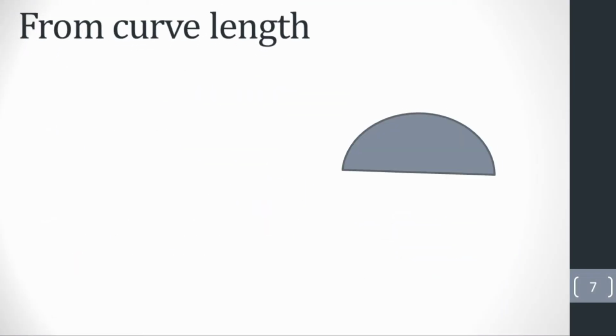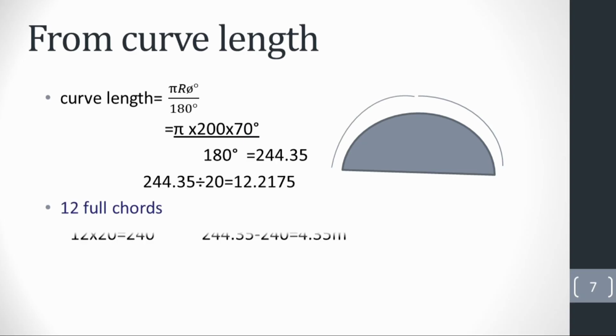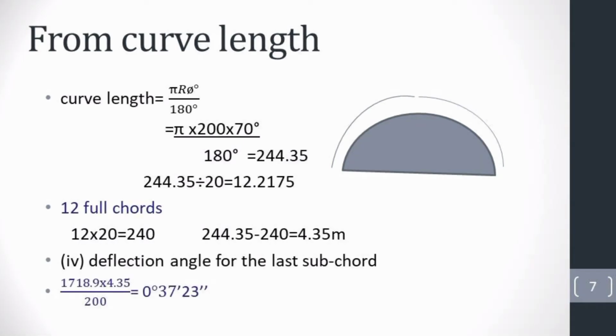Yeah, so this last question, we were asked to calculate the deflection angle for the last subchord. In all my previous calculations of setting out curves, we use our curve length, but in relationship to the first tangent, that is T1. But here in our question, we cannot calculate T1. Either way, we don't have the chainage of intersection or any formula that can help us there.